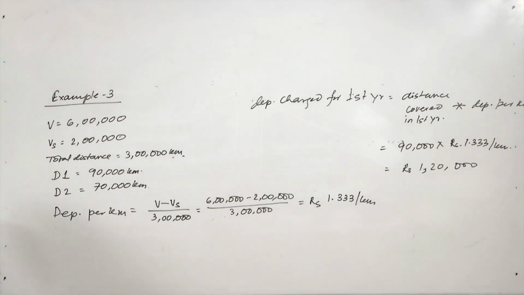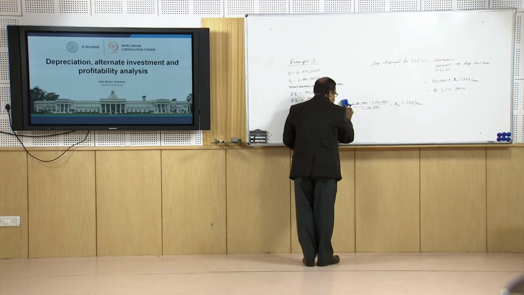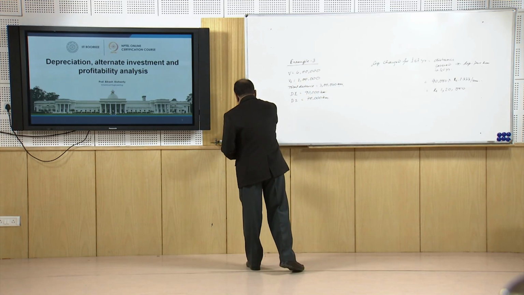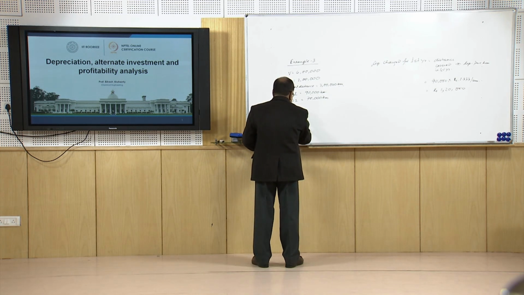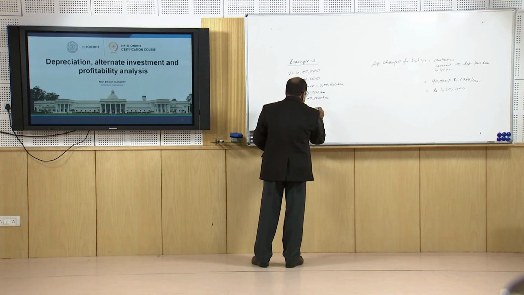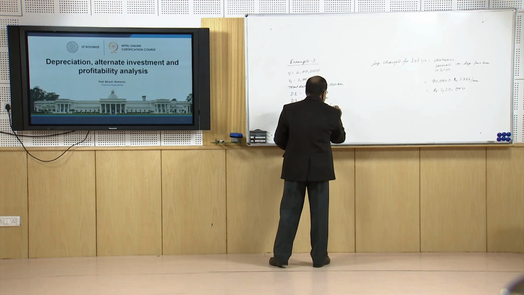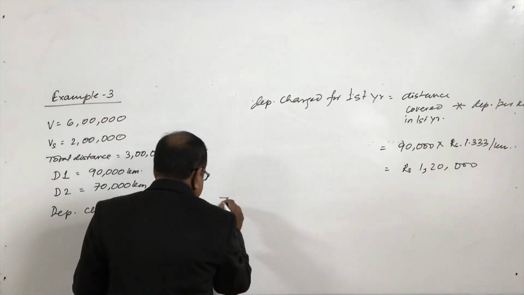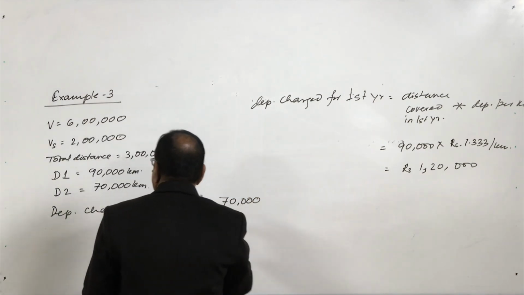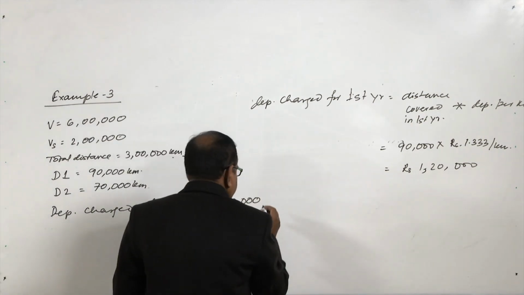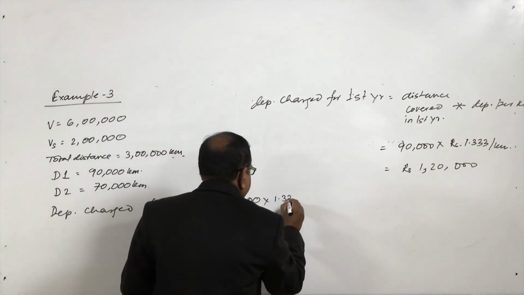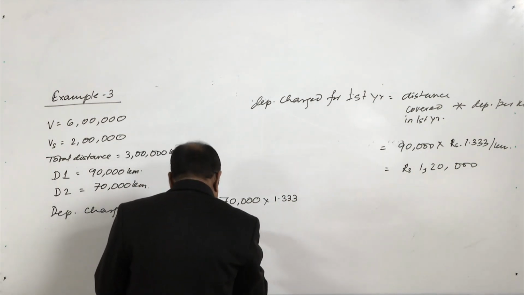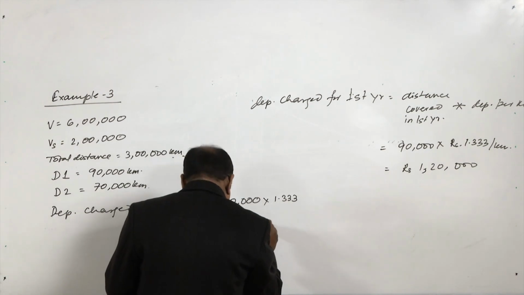Now, similarly, I can calculate the depreciation charged for second year is equal to D2, 70,000 into 1.333, which comes out to be rupees 93,000.